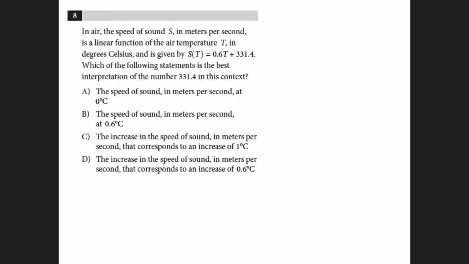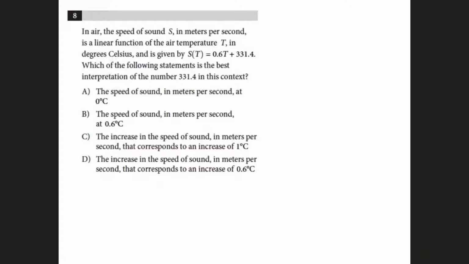Okay. 8. In air, the speed of sound in meters per second is a linear function of the air temperature, T, in degrees Celsius, and is given as S of T equals 6/10 T plus 331.4. Which of the following statements is the best interpretation of the number 331.4 in this context?